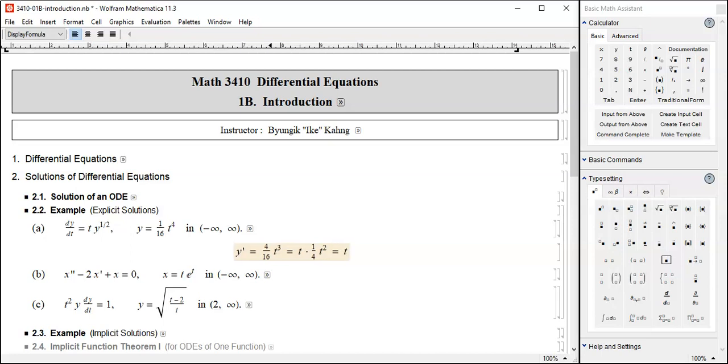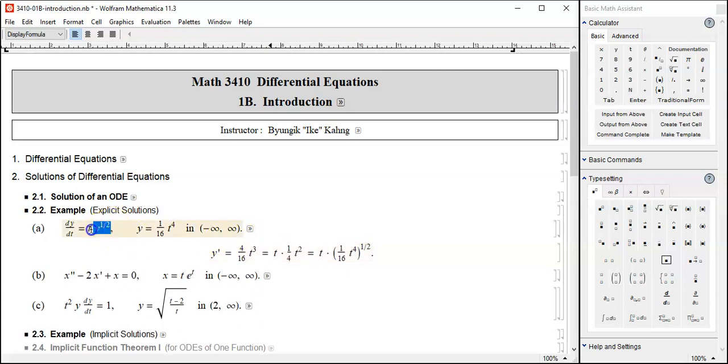And then this is t times 1/4 t squared, which as a matter of fact is 1/16 t to the 4th power, total thing to the 1/2 power, which is precisely what we have over here, isn't it? So yes, indeed, this is a solution. We just found out. We proved it.